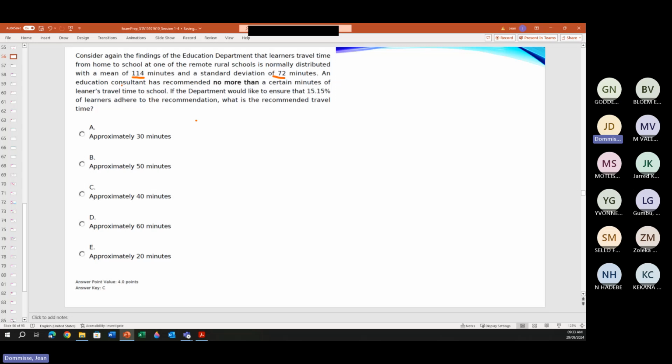An education consultant has recommended no more than a certain number of minutes of learners' travel time to school. If a department would like to ensure that 15.15% of learners adhere to the recommendation, what is the recommended travel time?